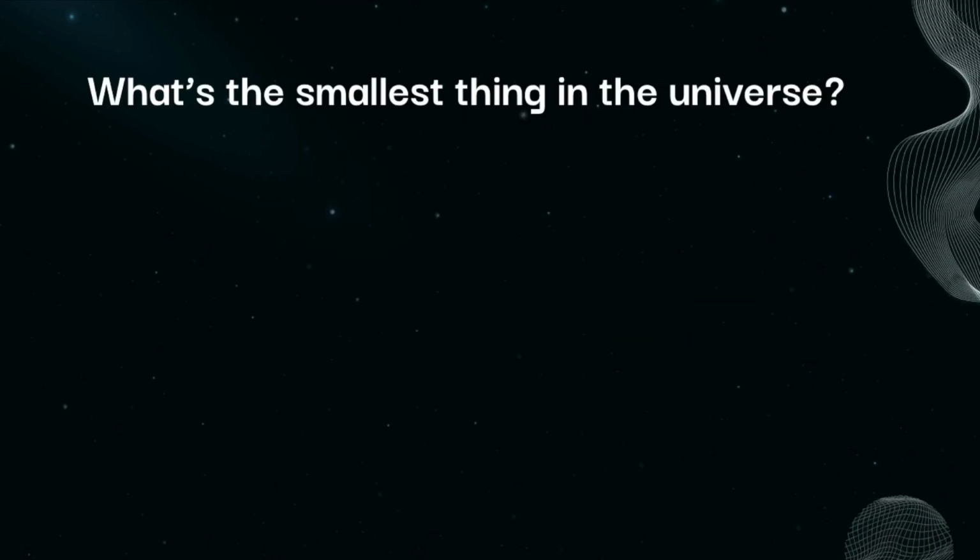Well, what's actually the smallest thing in the universe? Everything in the universe is made of fundamental particles. And what does fundamental mean? Fundamental means that it cannot be broken further down into smaller pieces. So that's actually the smallest thing in the universe.